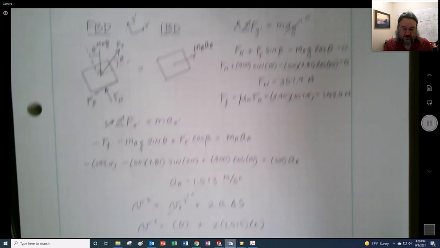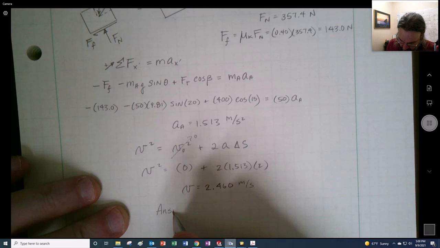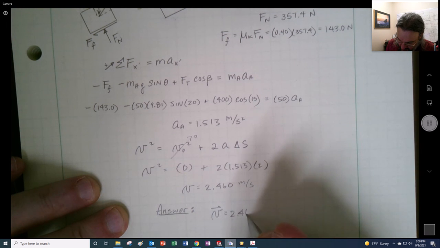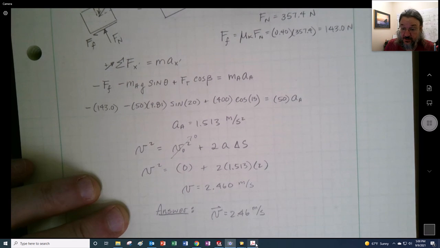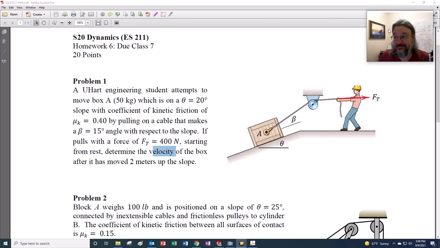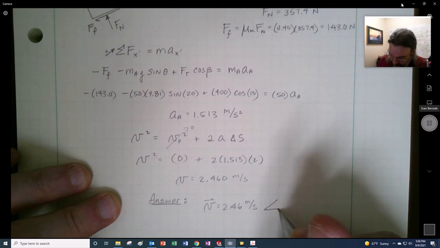So let's write that answer out again. Let's move that down instead. So the answer, V is equal to 2.46 meters per second, and they asked for velocity. Let's double check. Determine the velocity. Just trying to make sure that you guys remember velocity has direction.